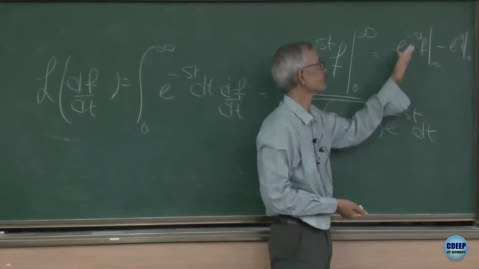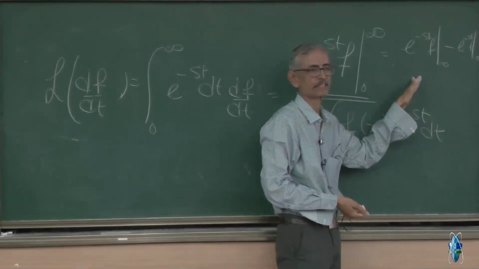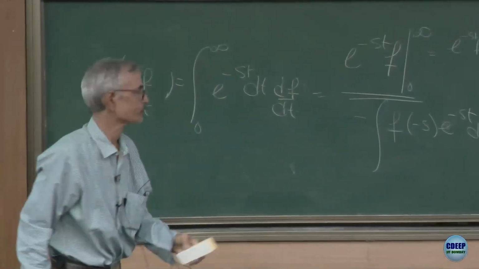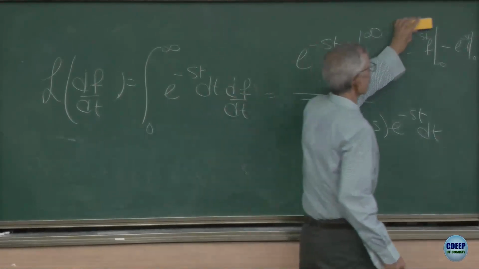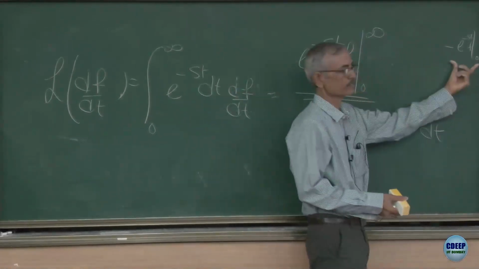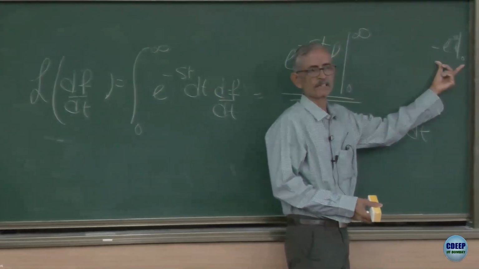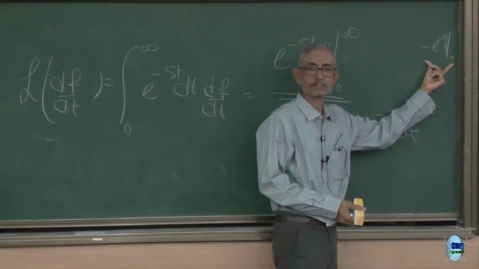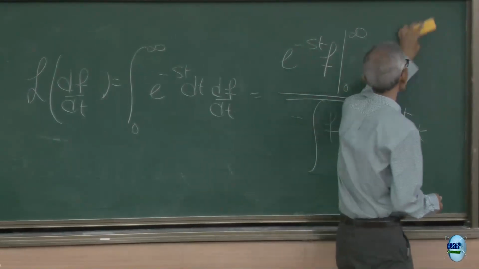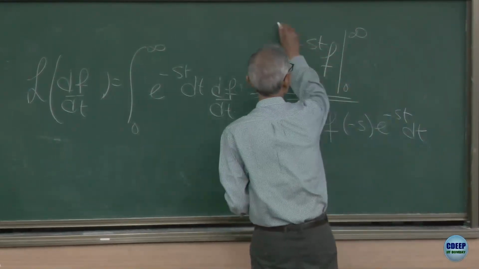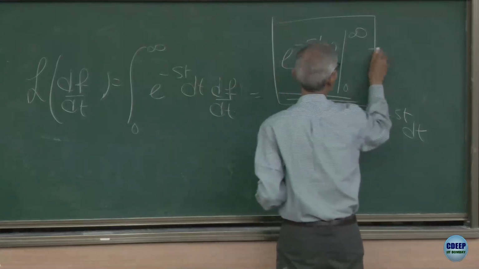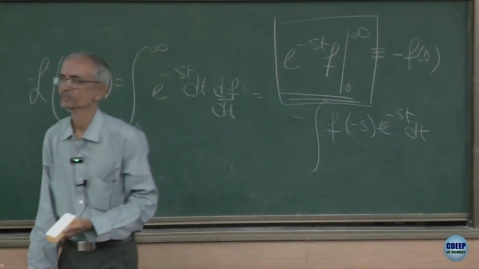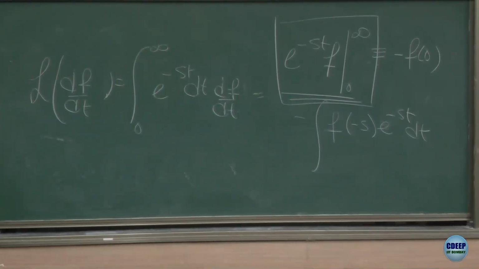It is 0, because I have got 1 by e to the minus st, and that term is going to pull this to 0. And what about this here? That is f of 0. So that's the first term there.